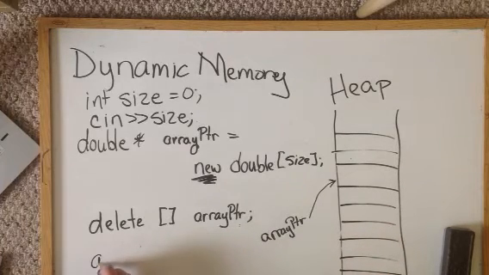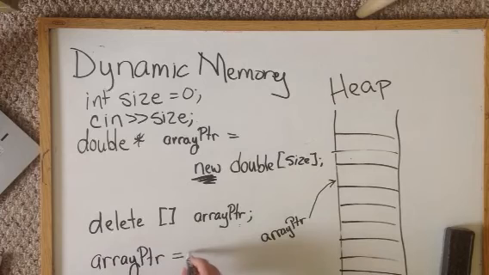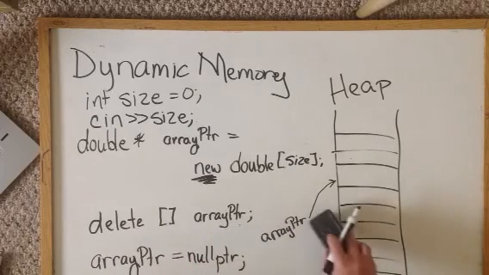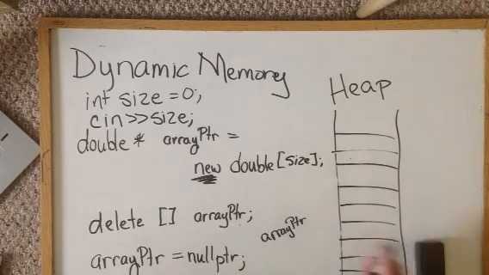So it's always a good idea and required in this class to reassign your array pointer to null pointer after you release that memory with the delete, so that you can't accidentally go anywhere with that pointer anymore. You'll end up with a null pointer exception, and it will be easier to find any errors that you might have.